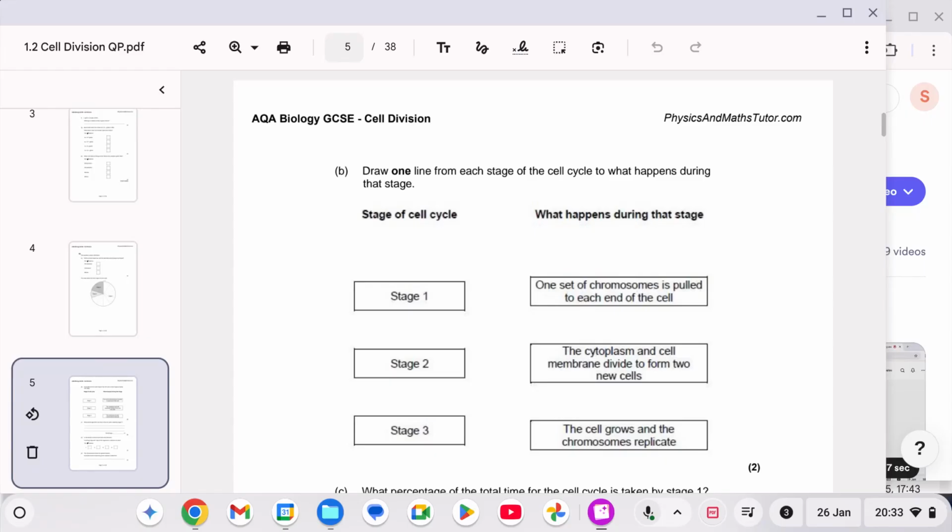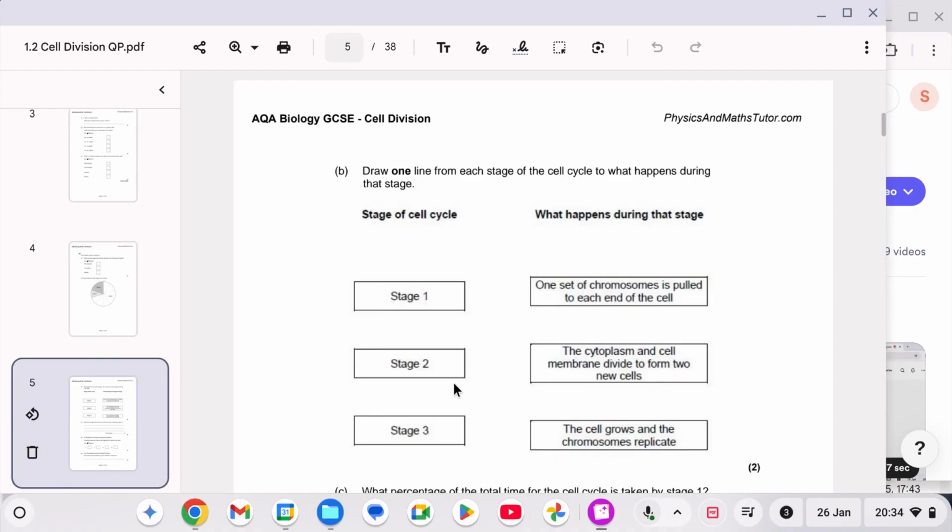Draw one line from each stage of the cell cycle to what happens during that stage. So we've got 3 stages, and we've got to line them up here to get them correct. Okay, so stage 1, have a little look, see if you can figure out which one it is. Okay, the cell grows and the chromosomes replicate. That's stage 1.